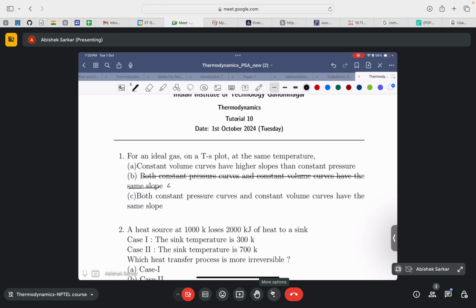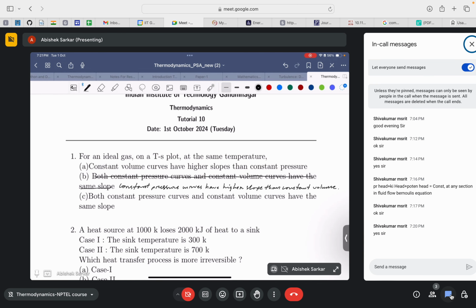The constant pressure curves have higher slope than constant volume.